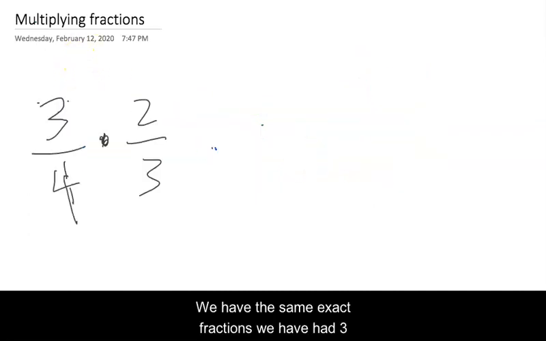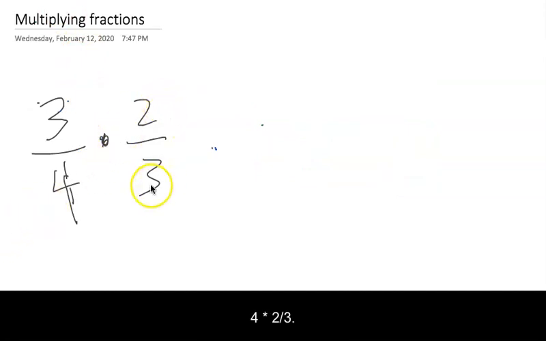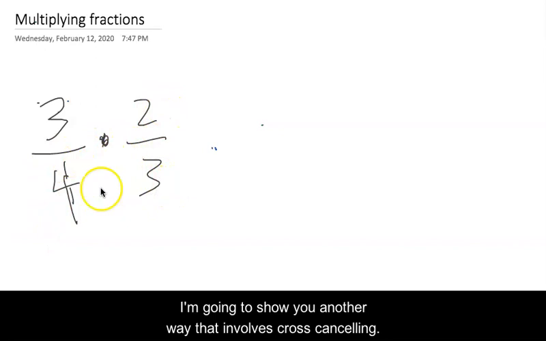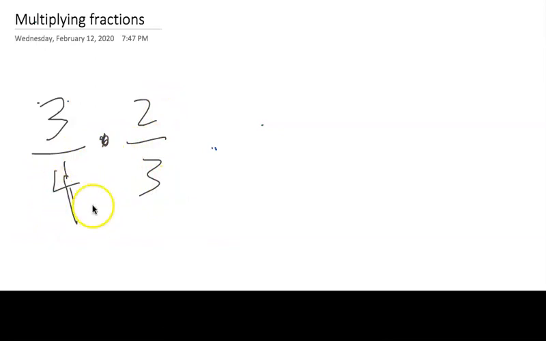Okay, we have the same exact fractions we had. We had 3/4 times 2/3. So I'm going to show you another way which involves cross-canceling. And let me just write this down. This is called cross-canceling method.